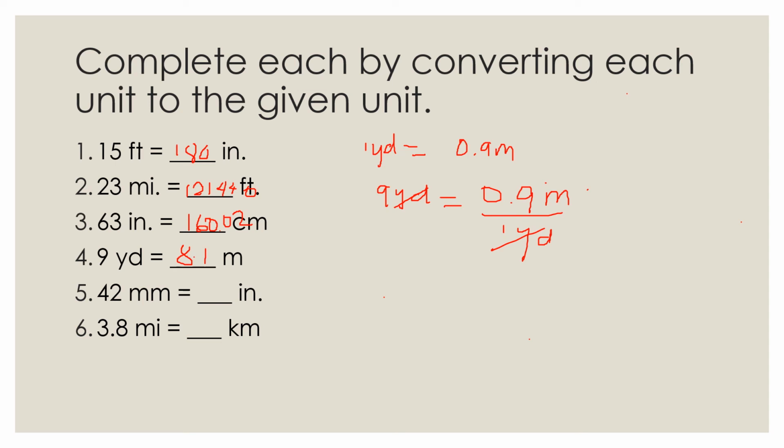Now, how about millimeters? Inches to millimeters. Let's convert millimeters first into centimeters, because there is no direct conversion. We know that 1 centimeter is equal to 10 millimeters. So, 42 millimeters times 1 centimeter over 10 millimeters.